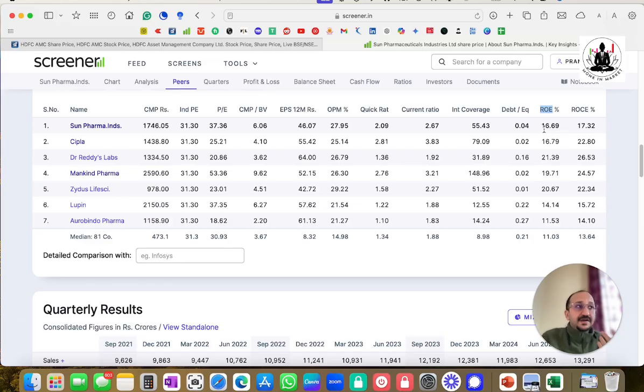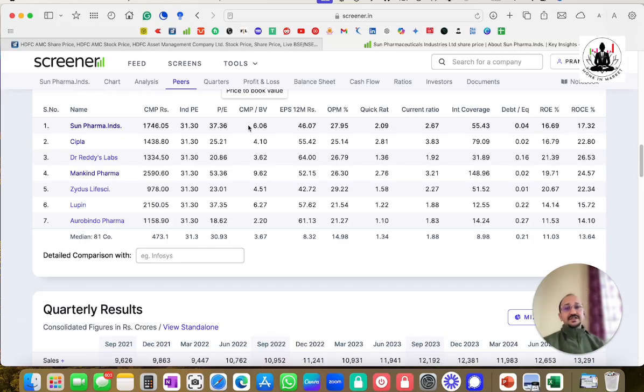So what if the company had taken some debt? That will not be evident in this ratio, right? In ROE. So ROCE is a better parameter than ROE. It will include both equity as well as the debt part. So if ROE is 16%, it means they are including only the equity part. And if ROCE is 17%, it means the company used debt plus equity, and this was the return you can expect.